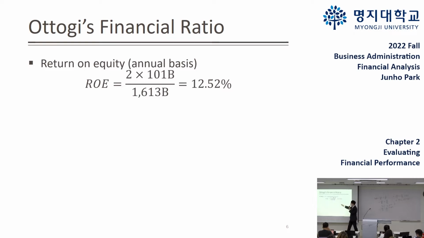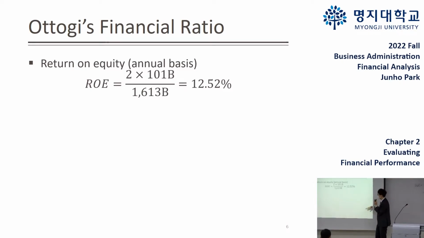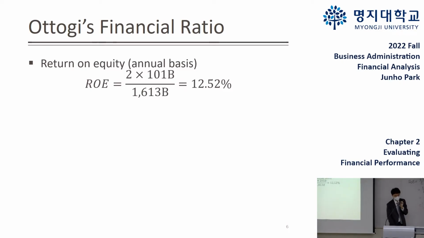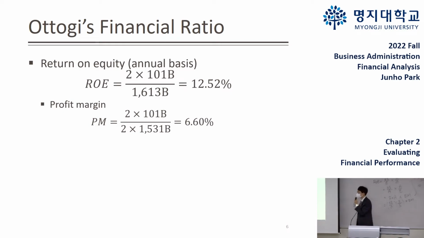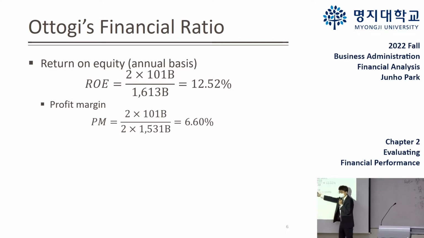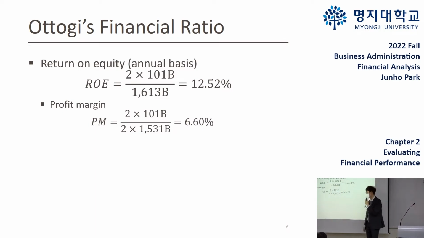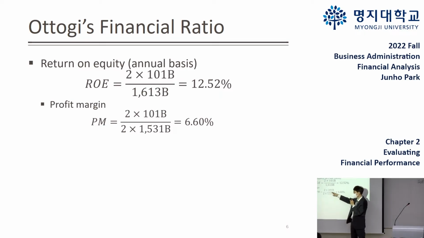Then ROE will be 2 times the net income divided by the equity. So I get 12%. Similarly, for profit margin, the numerator is net income and the denominator is sales. But these two items are from income statements, so I just multiply both by 2.